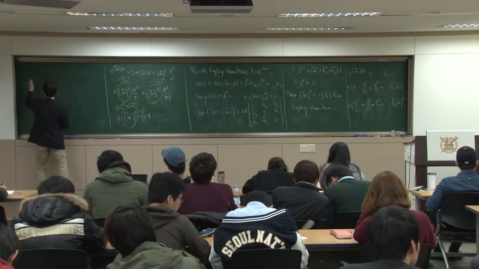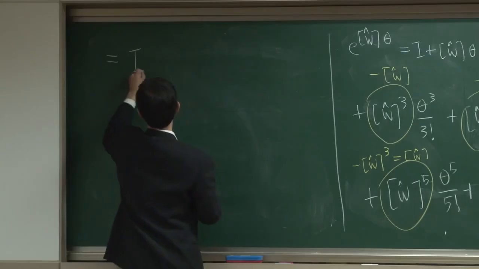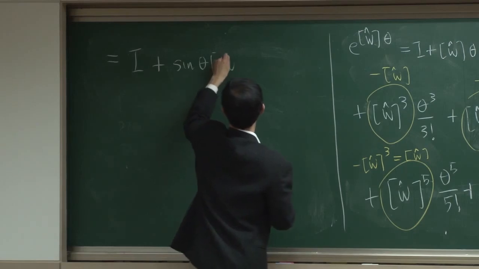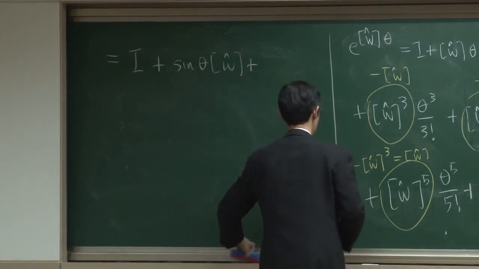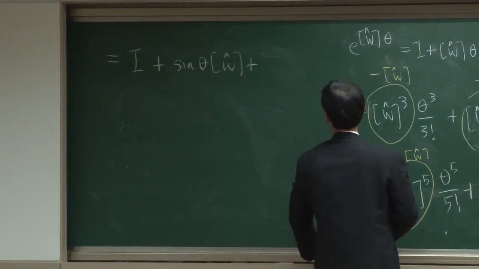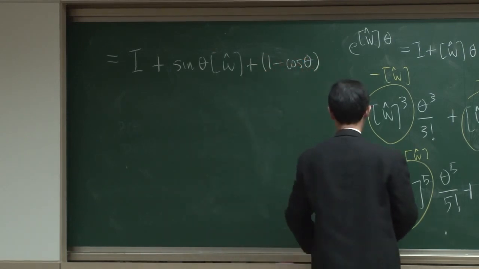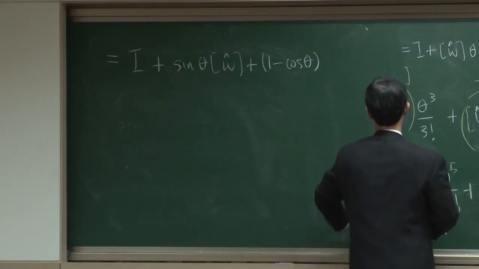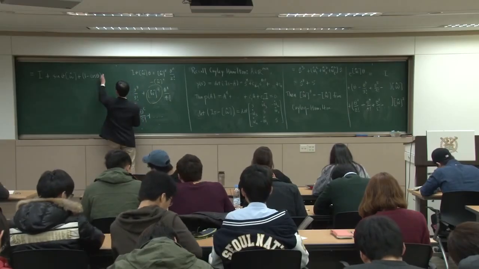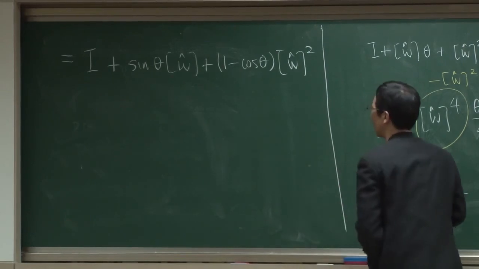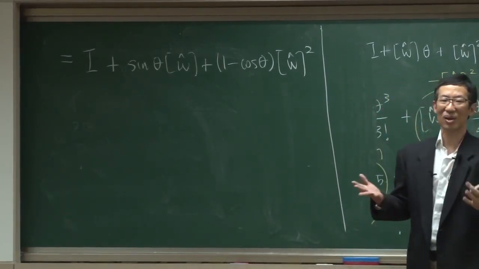Okay, so turns out it's equal to I plus sine theta times omega hat plus 1 minus cosine theta times omega hat squared. Okay, finally, there's our formula.